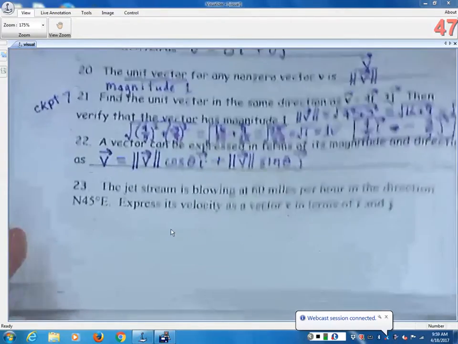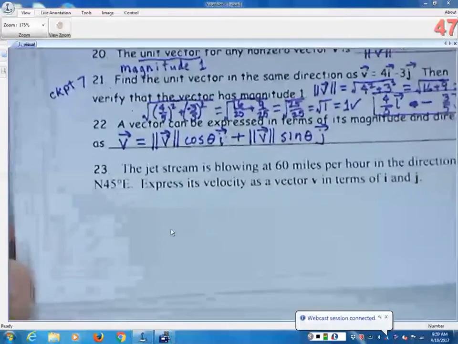Okay, so if I get some paper here, I'll draw a picture of what we're talking about.